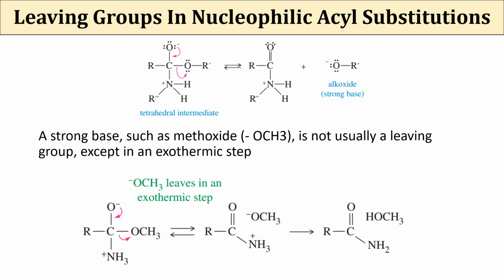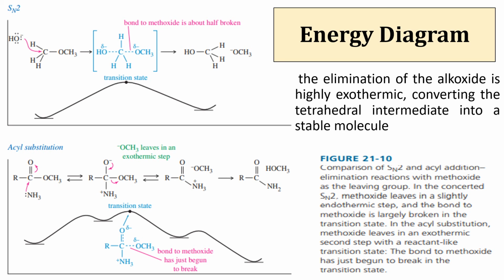Loss of an alkoxide ion as a leaving group in the second step of ammonolysis of an ester should surprise you. In our study of alkyl substitution and elimination reactions such as SN1, SN2, E1 or E2, we saw that strong bases such as hydroxide and alkoxide are poor leaving groups for these reactions. If we compare the acyl addition-elimination mechanism with the SN2 mechanism, the difference in the mechanism explains why strong bases may serve as the leaving group in acyl substitution even though they cannot in alkyl substitution.